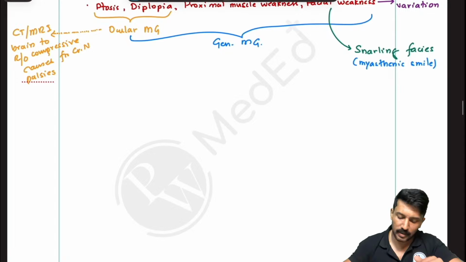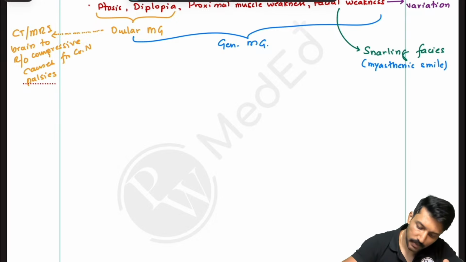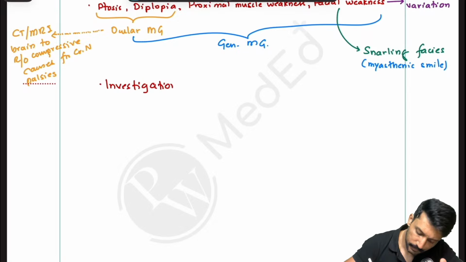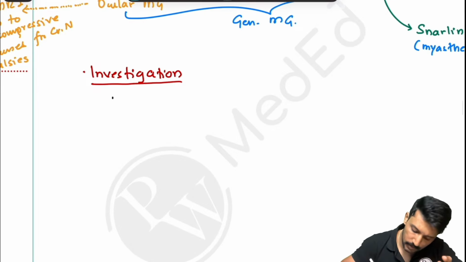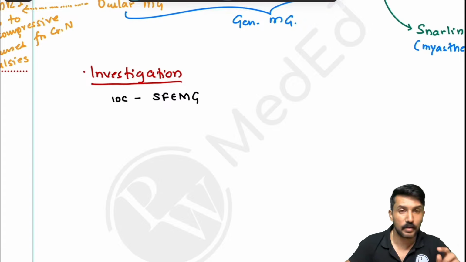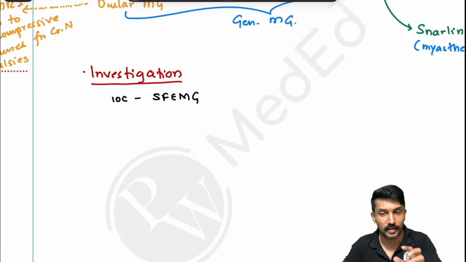So if I am suspecting myasthenia gravis, I have to investigate. When it comes to the investigations, the investigation of choice currently is not the edrophonium test. What is the investigation of choice? The single fiber electromyography, where we repetitively stimulate the muscle to see its force of contraction or action potential.